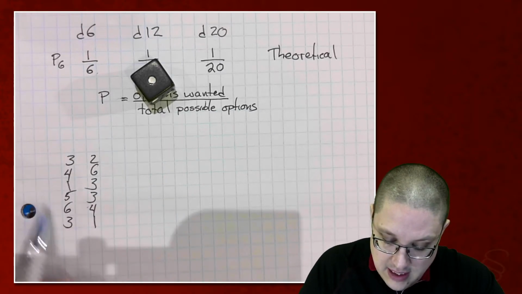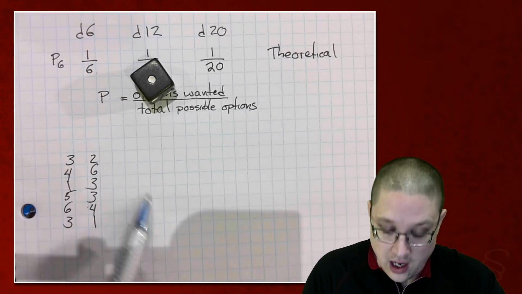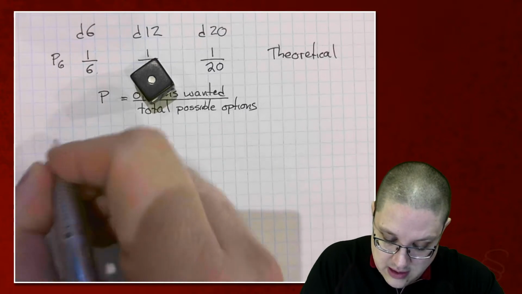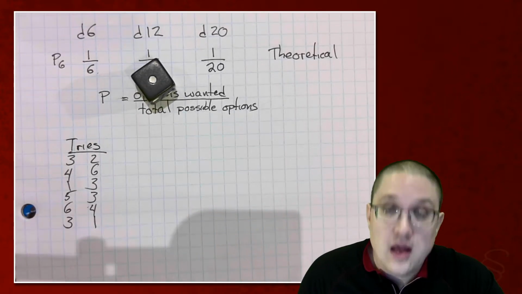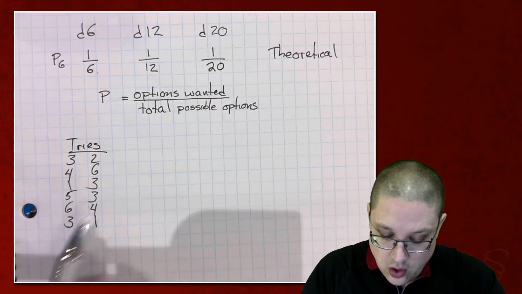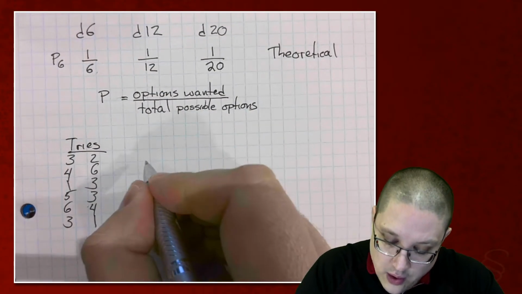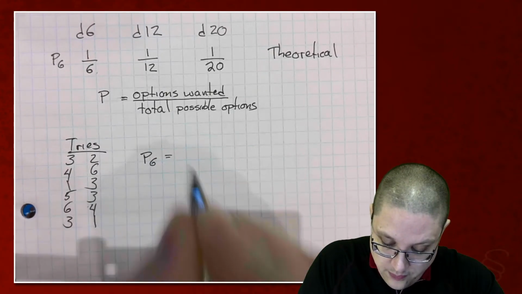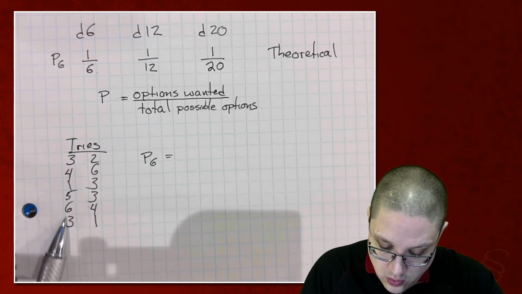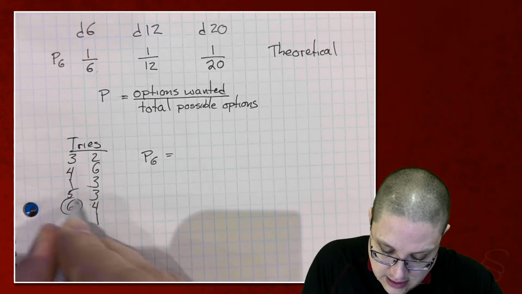Now, I have done this. I have tried this, so these are my tries. If I were to say, based on the data that I've done here, what is the probability of rolling a 6? Well, I can look through here and go, there's 1 6 here.